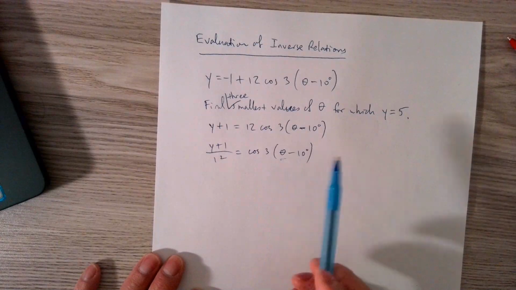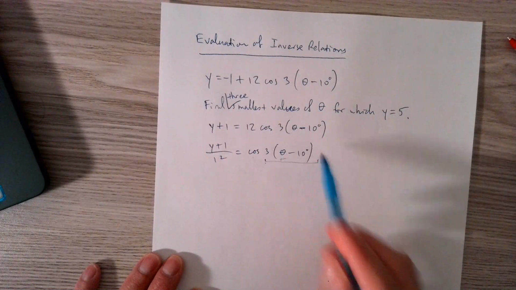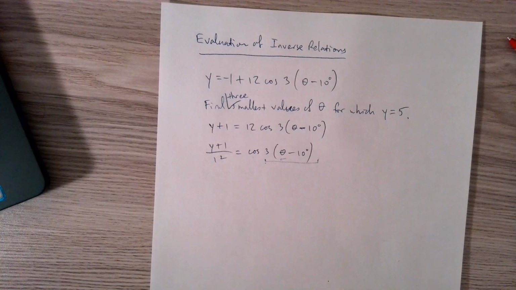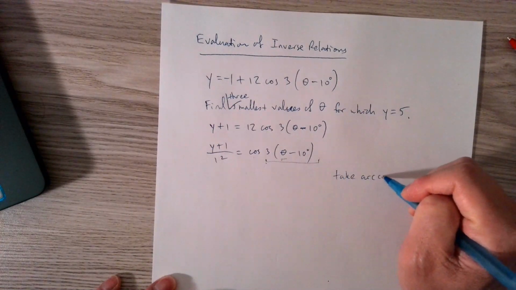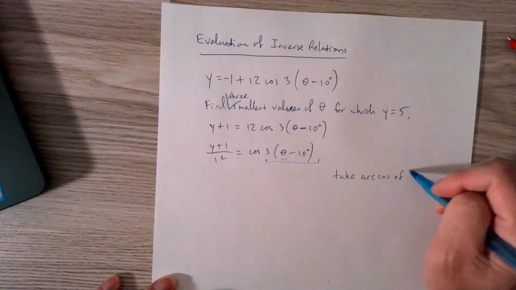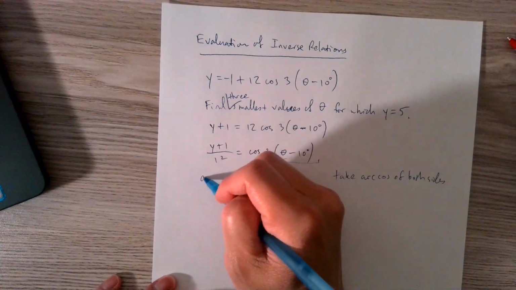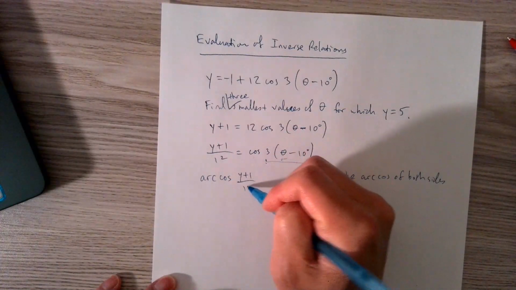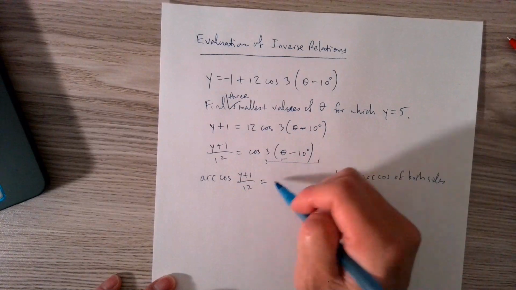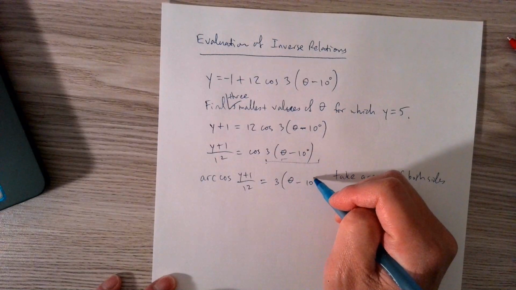I want to isolate theta, but this says cosine of this angle, which includes theta. So I got to get rid of the cosine by taking the arc cosine of both sides. So now the left will say arc cosine of y plus 1 over 12, and on the right, 3 times theta minus 10 degrees.